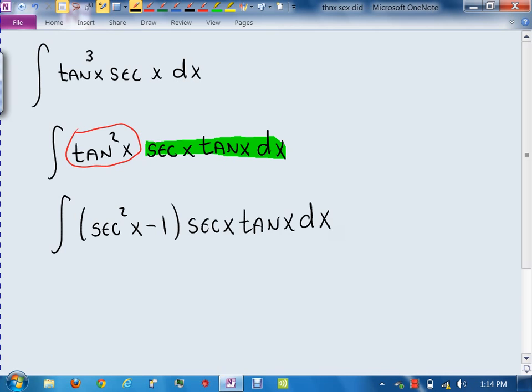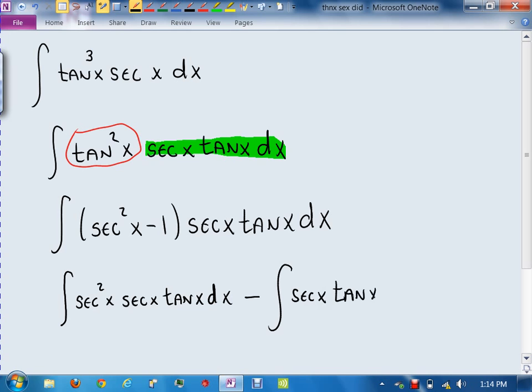Then distribute. So you basically have two integrals. The first one is, watch the way I do this, secant squared x, secant x, tangent x, dx, minus new integral, secant x, tangent x, dx.